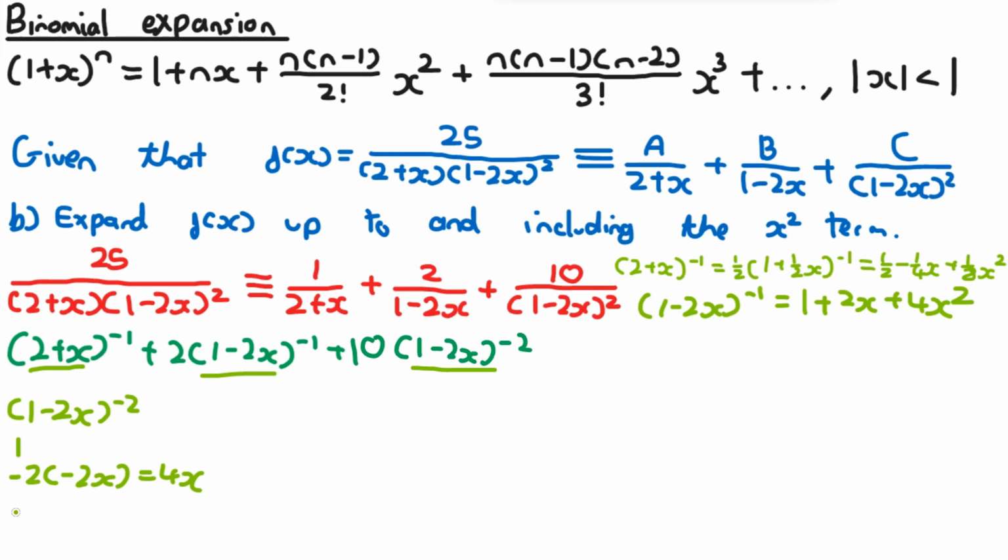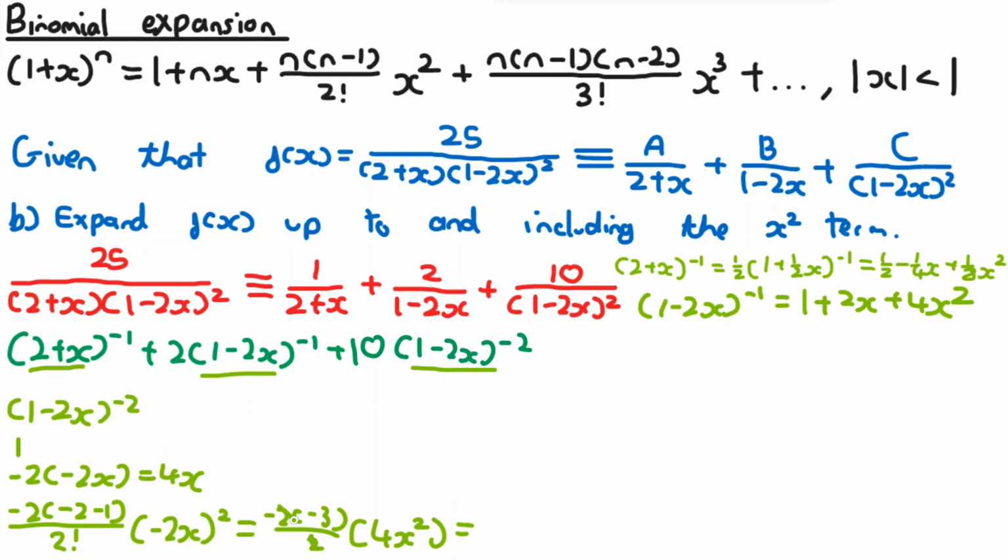And then it's going to be minus 2, minus 3, over 2 factorial of minus 2x squared, which is equal to minus 2 times minus 3 over 2 of 4x squared, which is going to be equal to, the 2 is going to cancel out like this and the negatives are going to cancel out as well to give 3 times 4x squared, which is equal to 12x squared. So this here is equal to 1 plus 4x plus 12x squared.